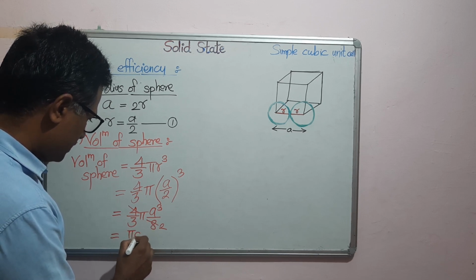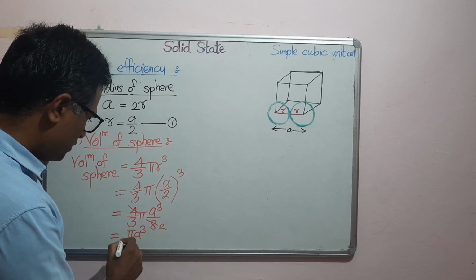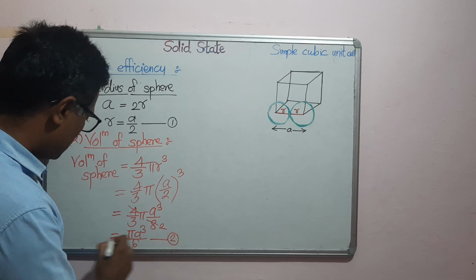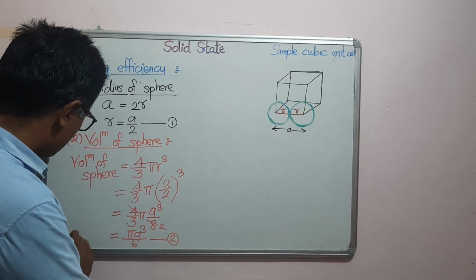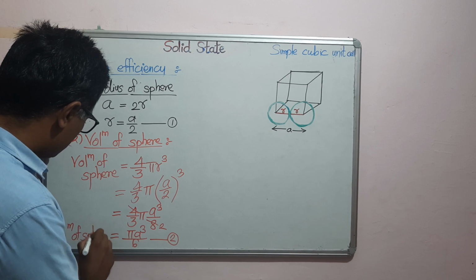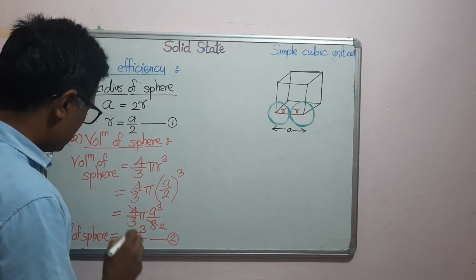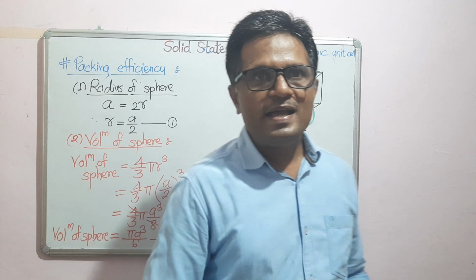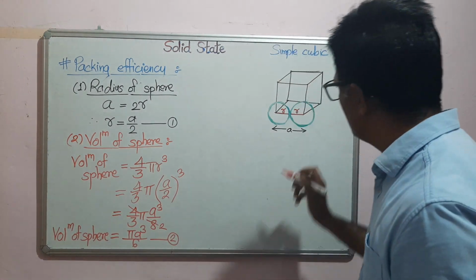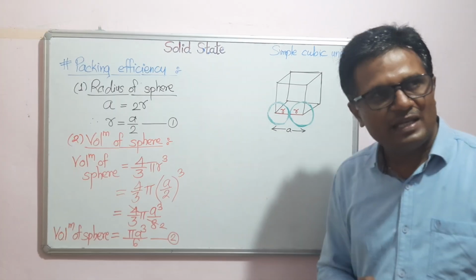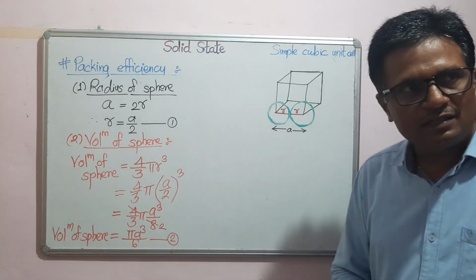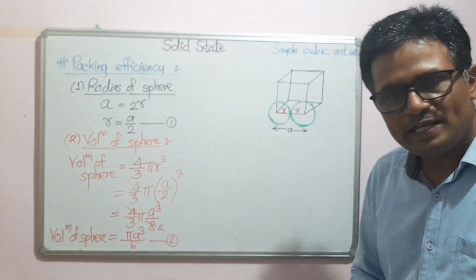Pi a cube upon 6. This is equation number 2. This is the volume of the sphere. That means pi a cube by 6 is the volume of the sphere in simple cubic unit cell. I think you are getting my point, what I want to say.